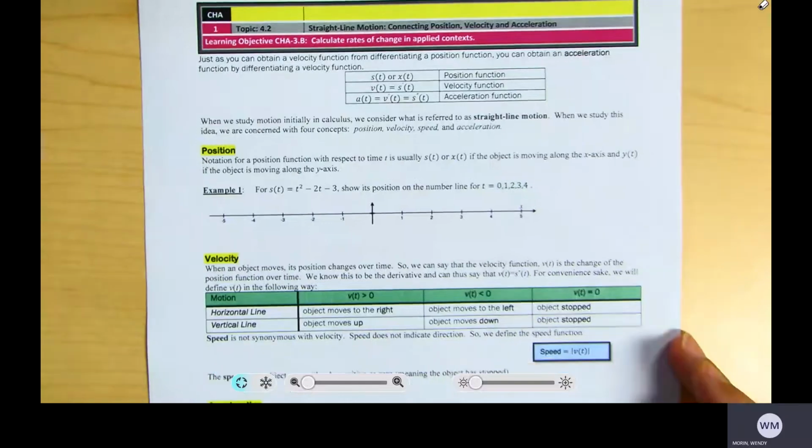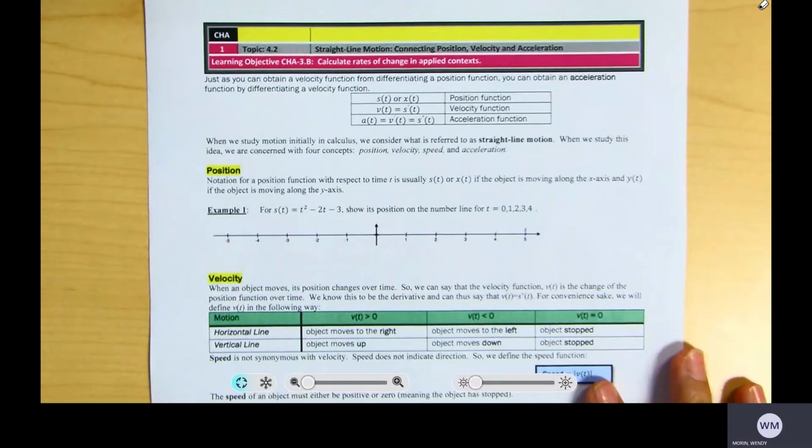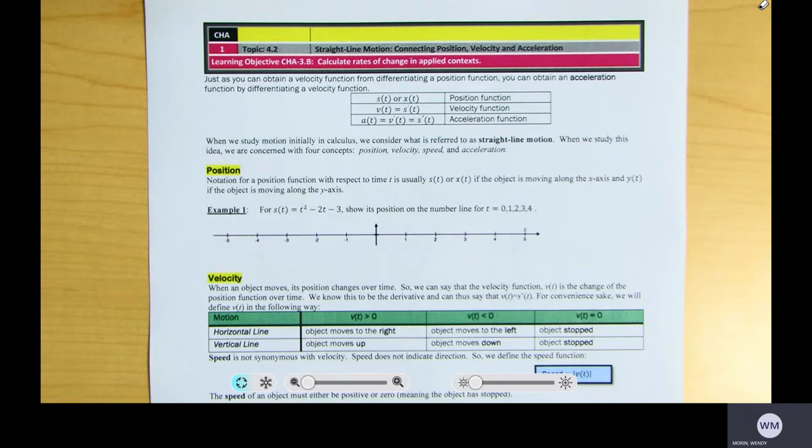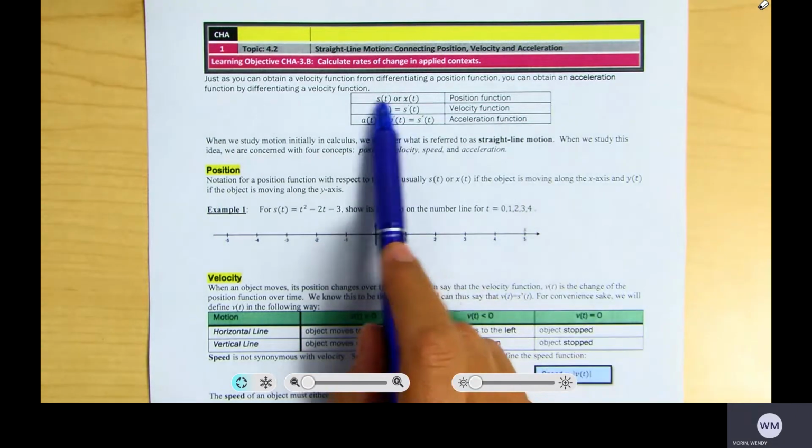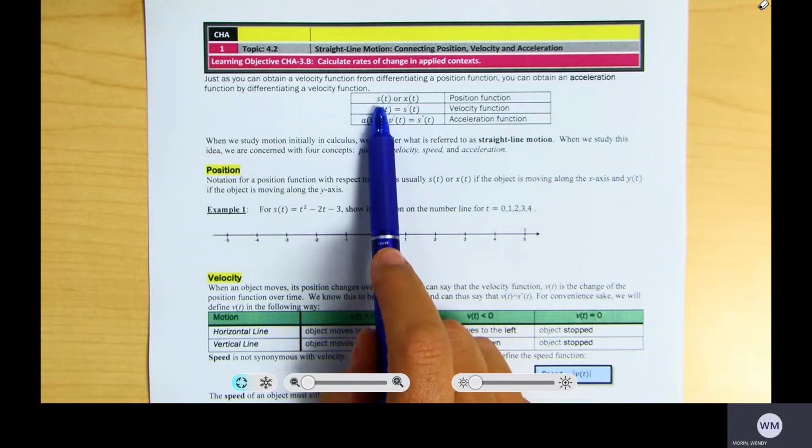In topic 4.2, we are going to review some things that you should have learned in physics last year. So the first thing that we're going to take a look at is the notation in calculus for position.